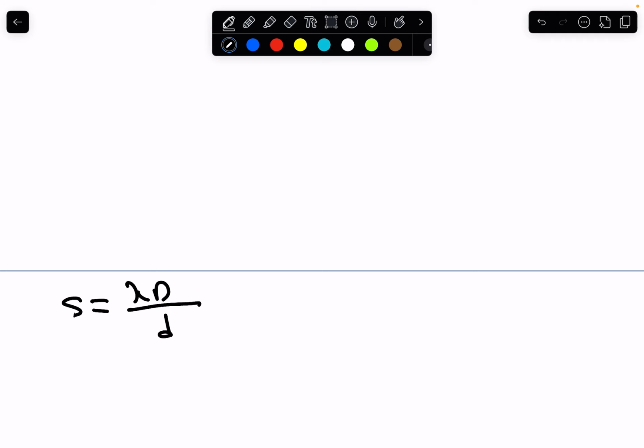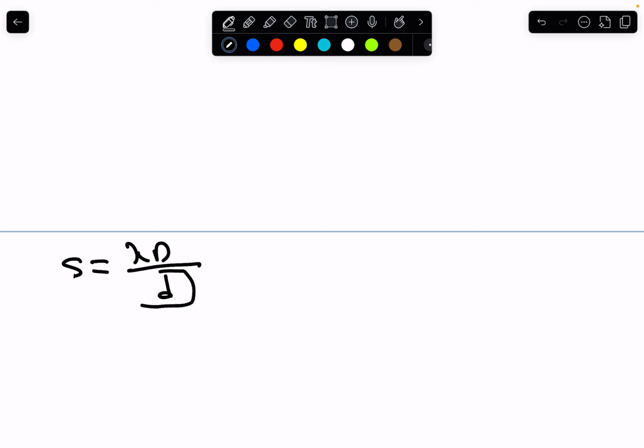So B, the thickness of the screen, incorrect. It has nothing to do with diffraction. C, separation between the slits. Yes, separation between the slits is d, small d here. So it is inversely proportional to s, so it does affect it.